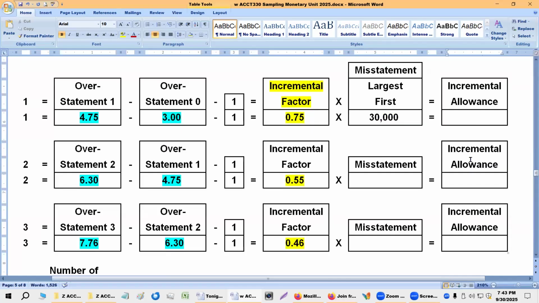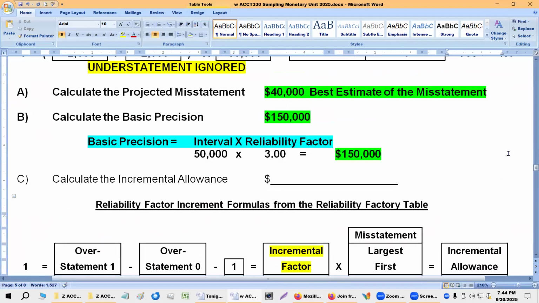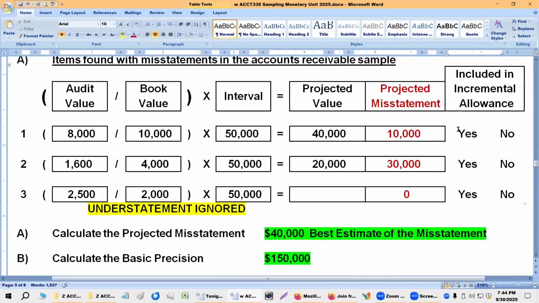$30,000. 75 is... $22,000. I didn't go through these up here, I realized. Incremental allowance should be, yes.